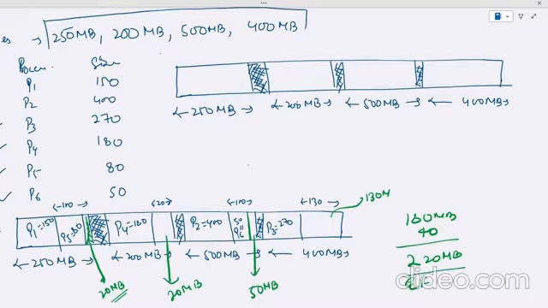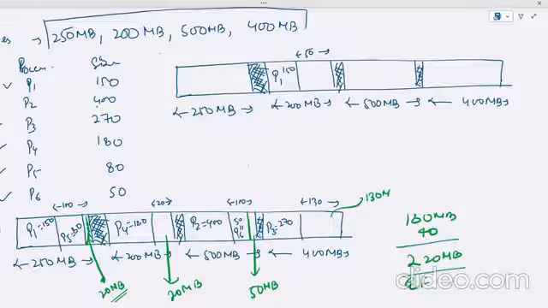So 250 is very far, 200 is close to P1, but let's check the other two blocks as well. 500 and 400 are very far away, so definitely P1 gets space in the second block. P1's 150 is placed in this block and the space left is 50 MB. P1 is complete.